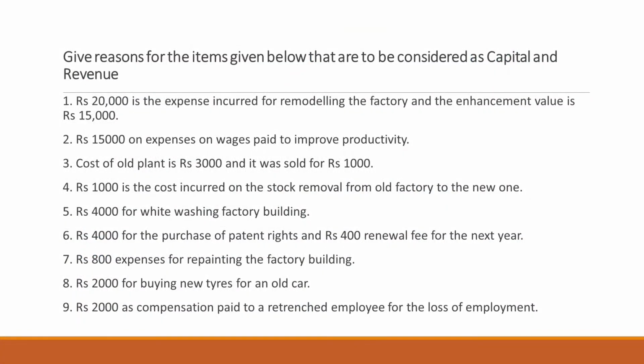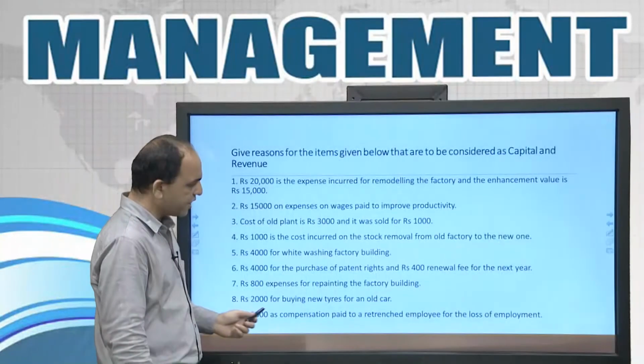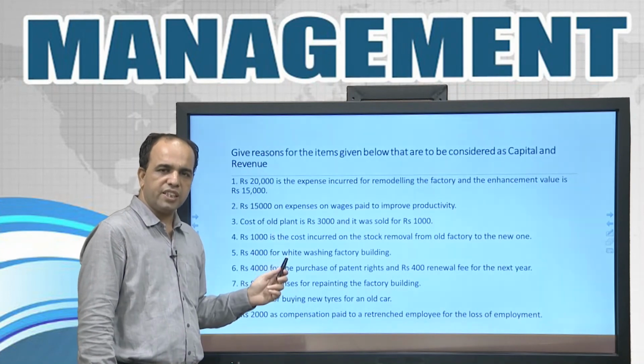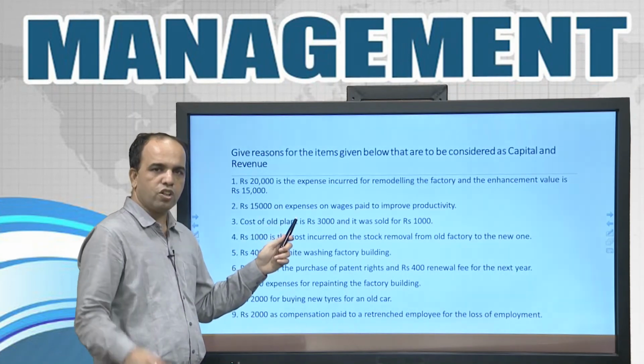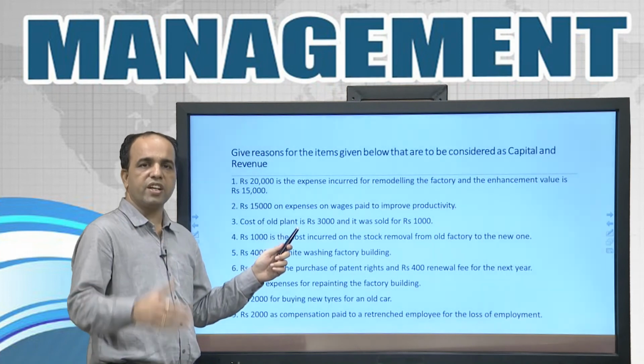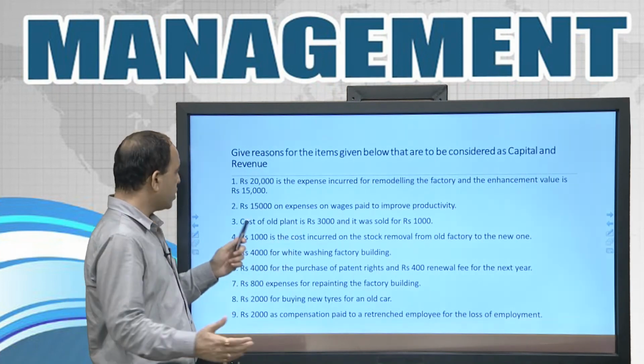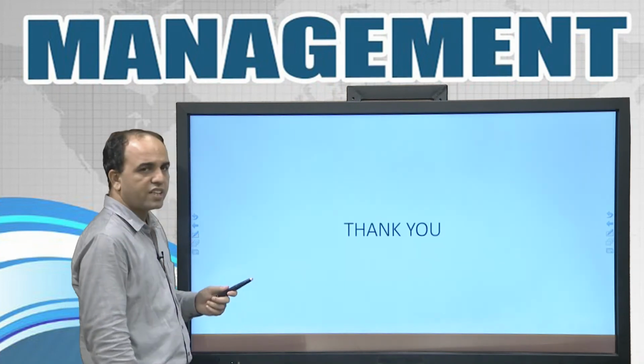Generally we take Rs 20,000 as the expense incurred for remodeling the factory, so the enhancement value is 15,000. If it enhances something, it is considered a capital expenditure. All these examples are very simple and easy, and they are given in your material and in various reference books for your study. So, I advise you to go through all the transactions.